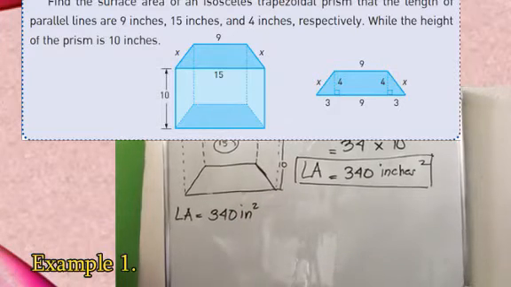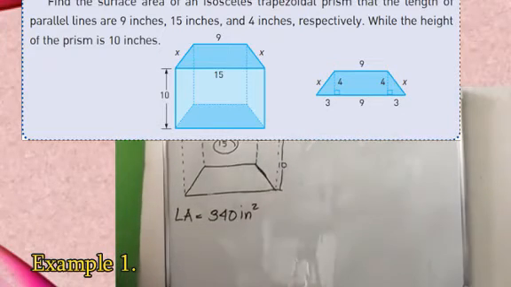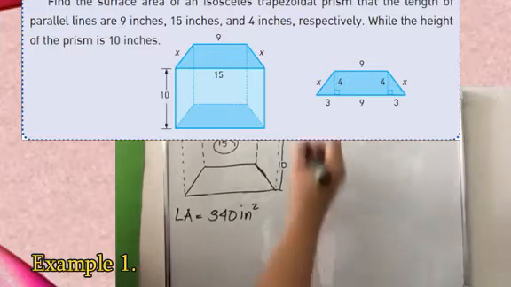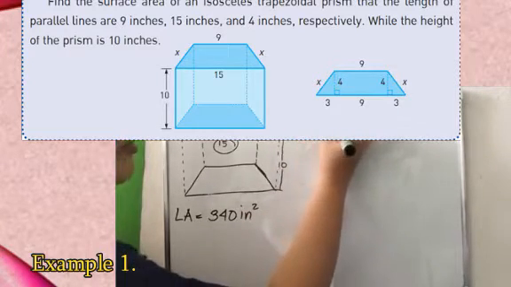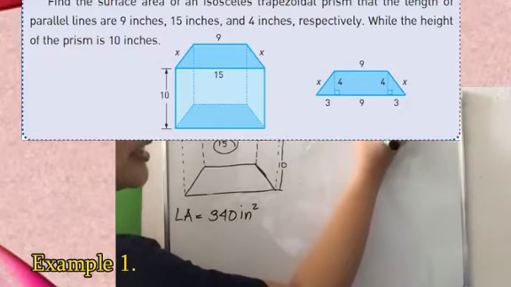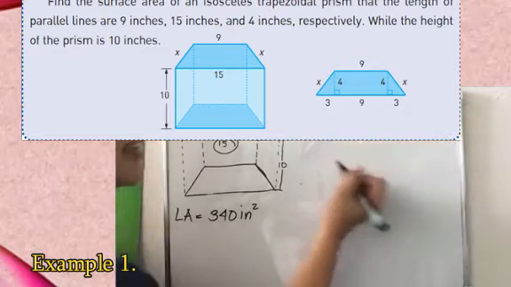So let's try to solve the area of the base. The base is a trapezoid, so we have 1/2 times A plus B times the height.